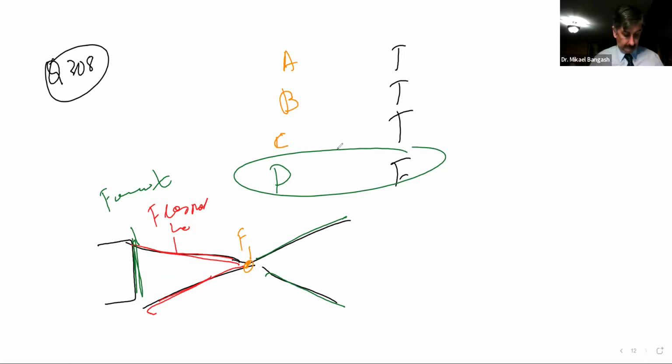Clear? But if you think of the Fresnel zone being another name for your far zone, then you may be thinking that way D would have been right. Did you guys get that? Yes. Good.